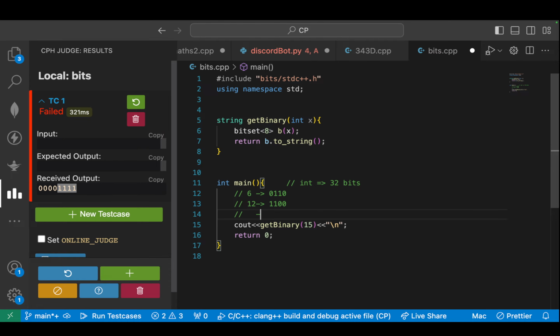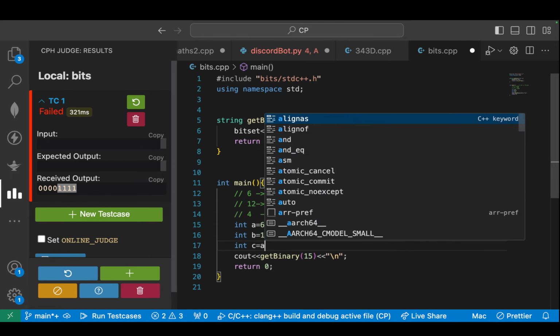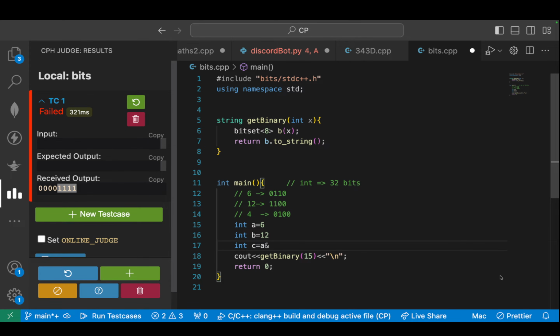So let's see the value that we'll get. We should be getting a value where this would be 0, this would be 1, this would be 0, and this would be 0. And this precisely is the value of 4, right? So this is 1, this is 2, this is 4. So we should be getting a value 4. Let's try to do that. Let's say our A is 6 and our B is 12, and then C is A AND B. This is the symbol for AND whenever you want to do it in C++ or in other languages as well.